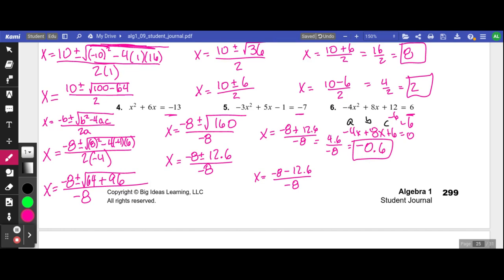Alrighty, now I'm going to go to my negative. I have negative 8 minus 12.6, which gives me negative 20.6. You're going to want to make sure you have a calculator on these. Divided by negative 8, that gets me positive 2.575. So I'm going to round that to 2.6.